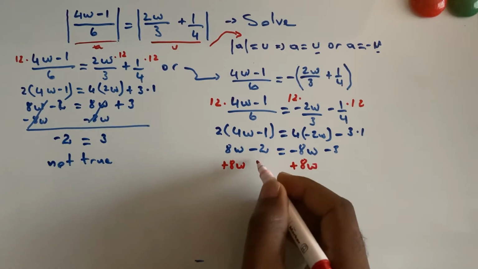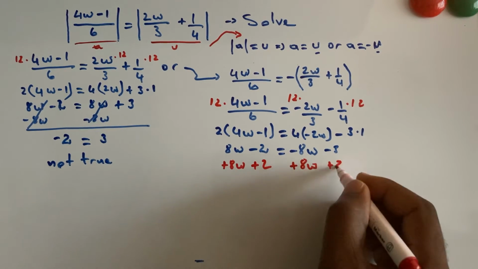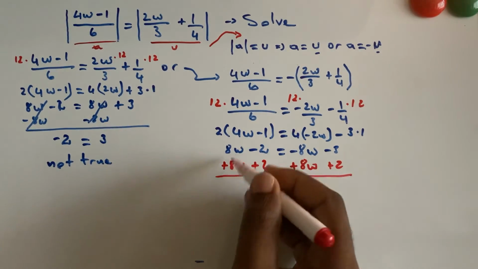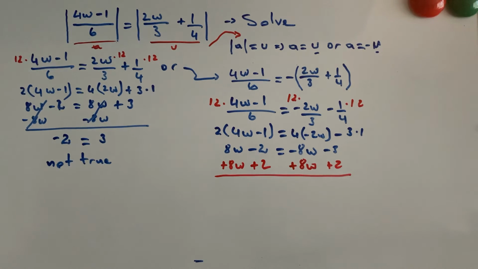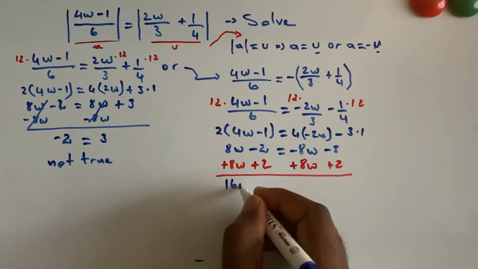So I just need to add 2 to both sides. All right, so now we cancel, 8w plus 8w, that's 16w, okay?